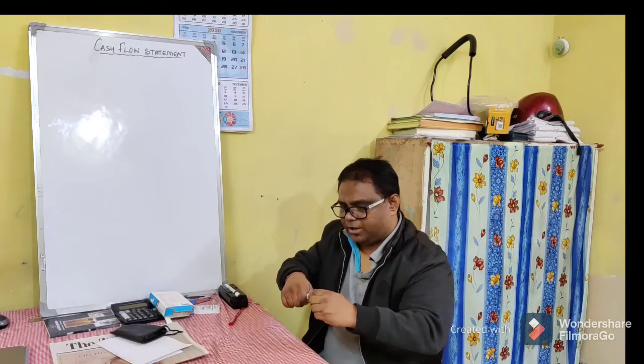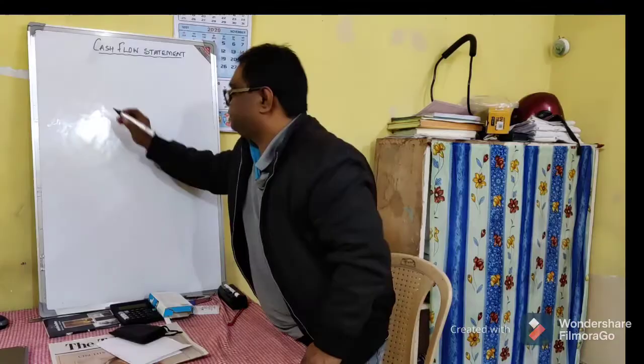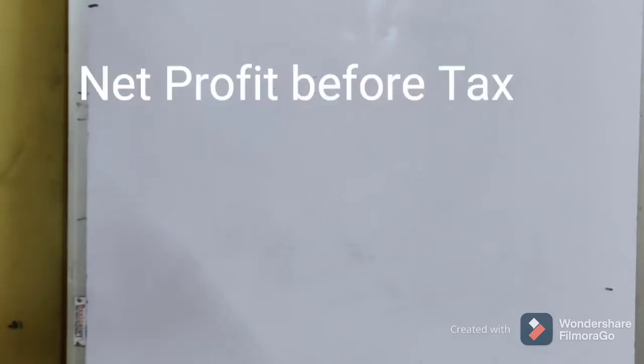So first of all we have to find out the net profit before tax here. I'm going to show you how to find it out. This is one of the elements of net cash from operating activity.